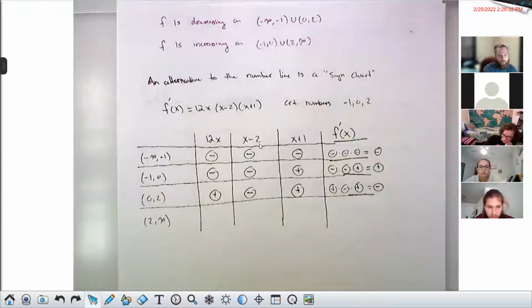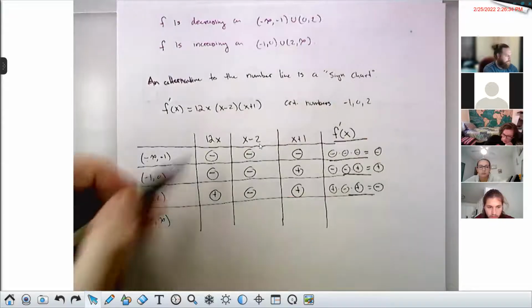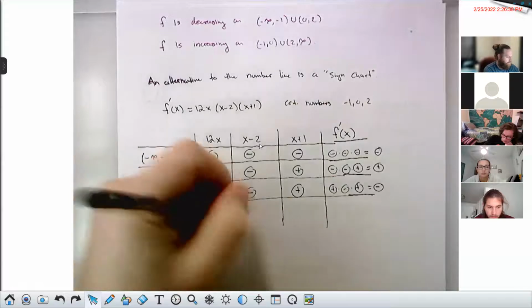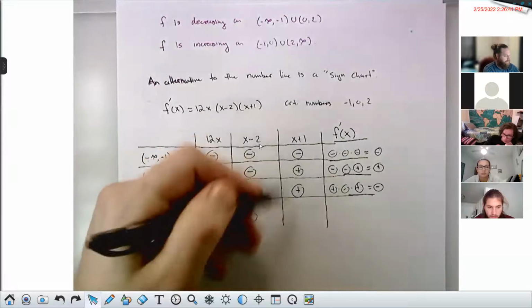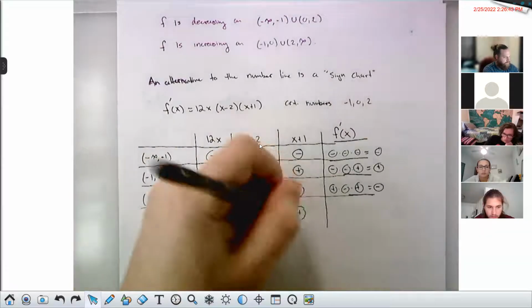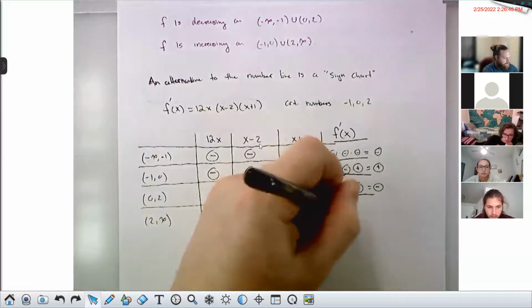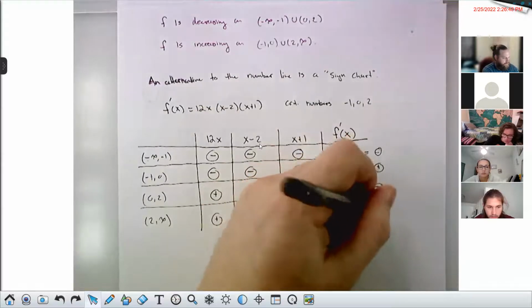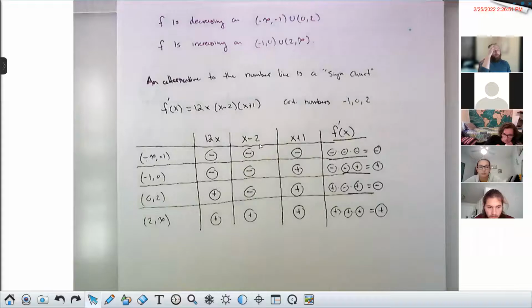And then finally, from 2 to infinity, 12x is definitely positive. x minus 2 finally makes the flip to being positive, and x plus 1 has been positive. So this is all three factors positive. f prime is overall positive.